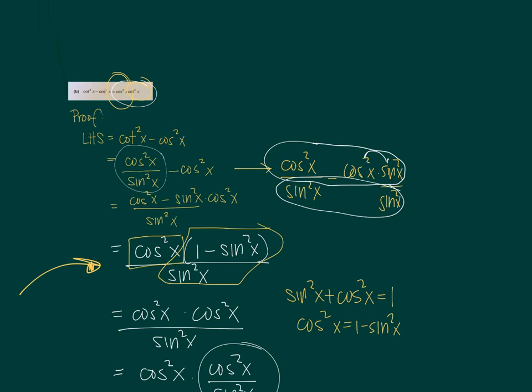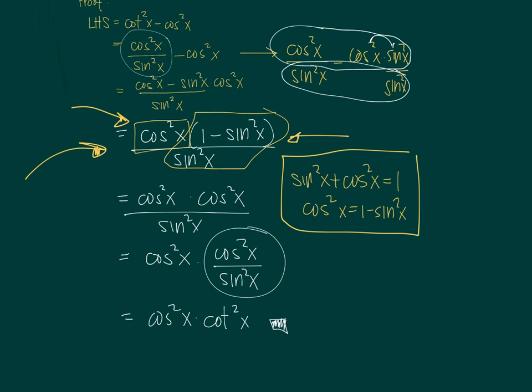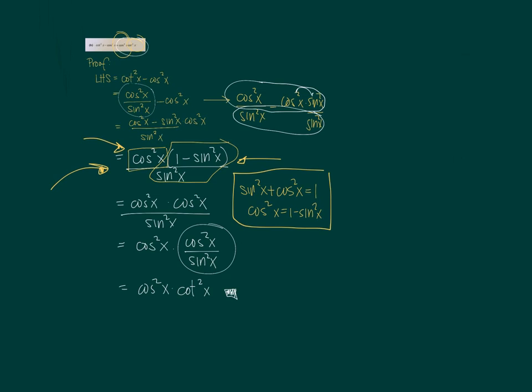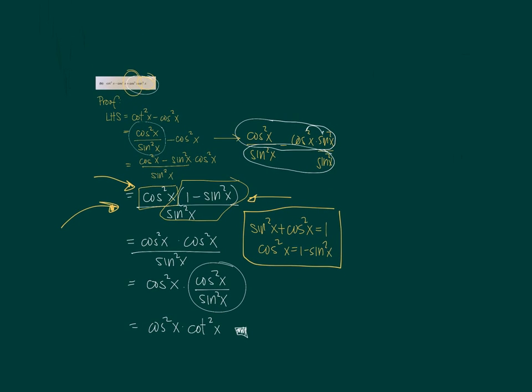Okay, and from here we already have the cosine squared x, so all we had to do was to convert this into cotangent squared x. Then we simplify through this identity, and then eventually we were able to reach the right hand side of the identity. Okay, so I hope you understand how this identity was proven.